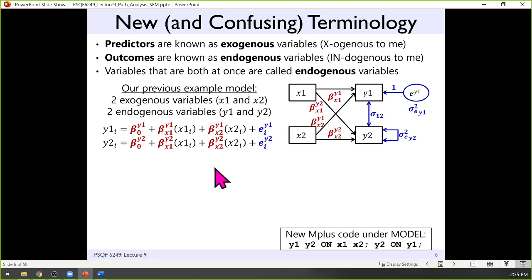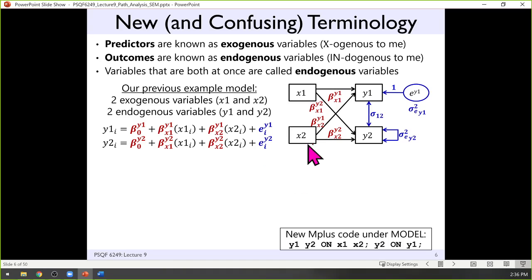It works. So in this picture, I would say there's 2 exogenous variables, x1 and x2, what used to be called predictors last week. And then there are 2 endogenous variables, what used to be called outcomes. And this blue part here is showing 2 different ways of representing the idea that an endogenous outcome has residual variance.